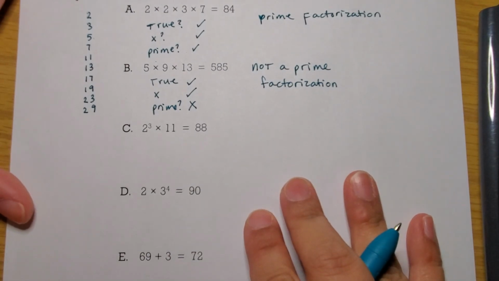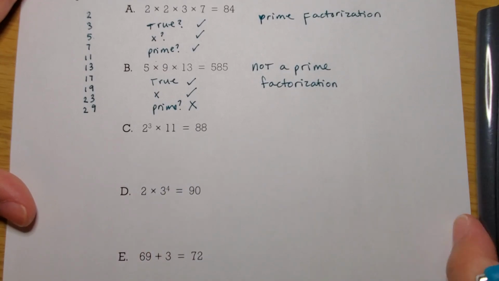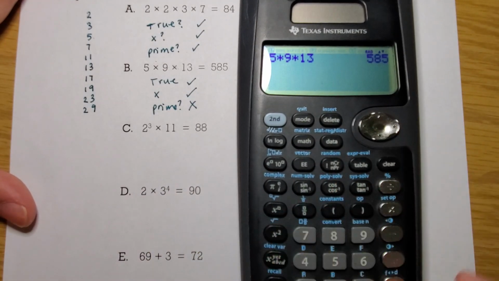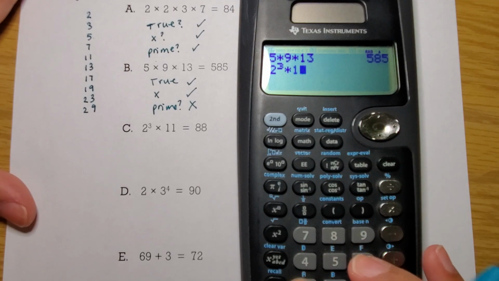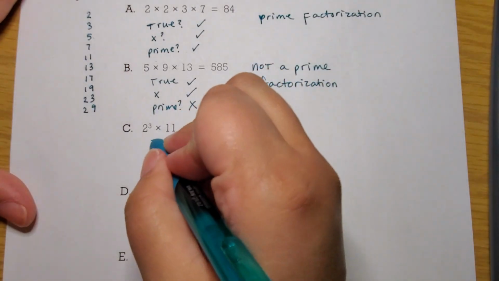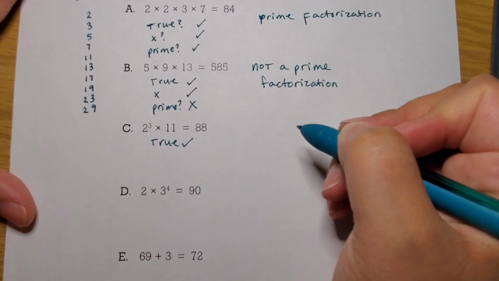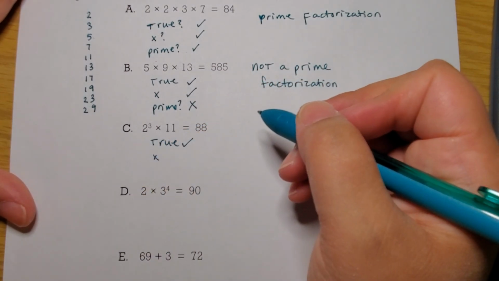All right, let's keep on going. So 2 cubed times 11. Let's see if we get 88. So 2 cubed times 11. Cool. So this one is true. Then is it all multiplication?